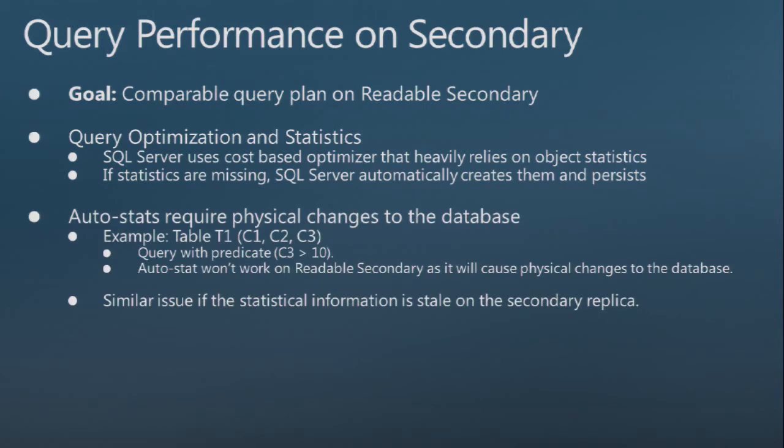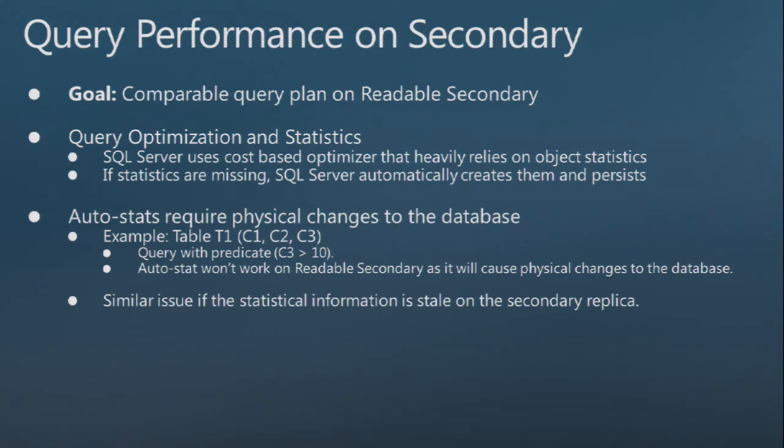So for example, going back to the read-only database example, let's say I create a table T1 on the primary, I insert a row, and I do a query on the primary. There'll be a stat created on the primary indicating that this table has one row, right? Now after that I insert 10,000 rows on the primary, but I have not done any query on the primary.